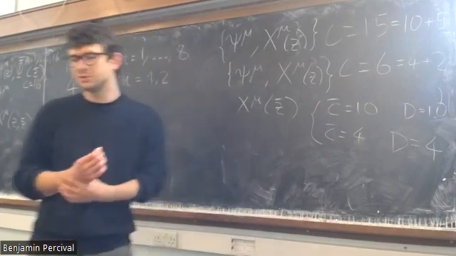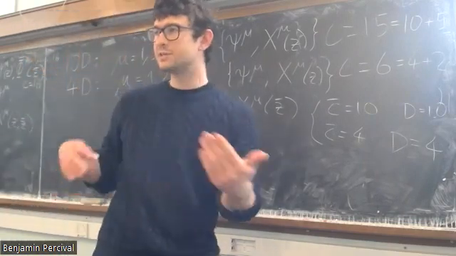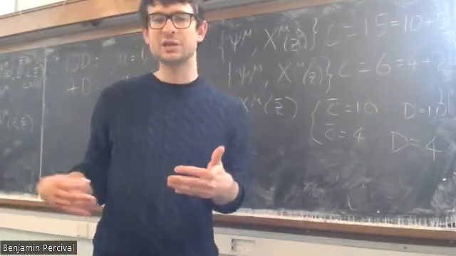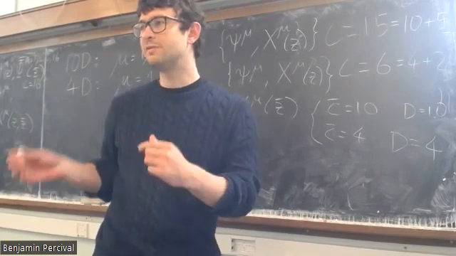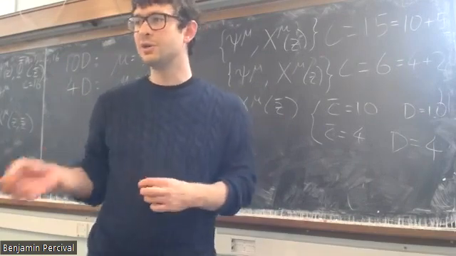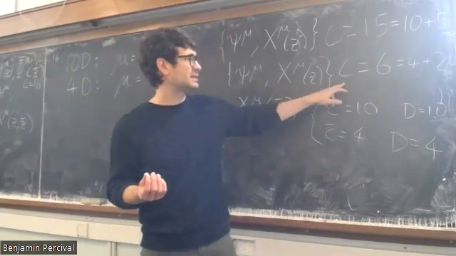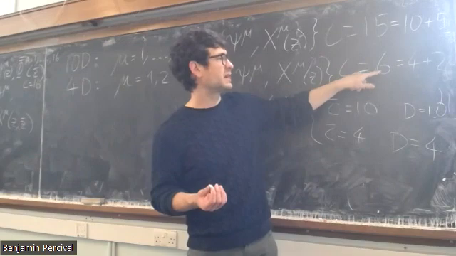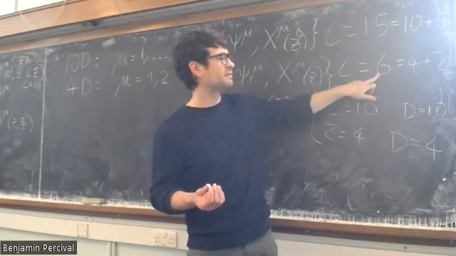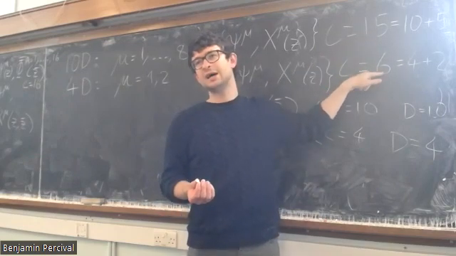So we have to introduce extra fields that cancel that conformal anomaly. If we choose fermions, and the fermions contribute a half: if we want to add c equals 9, since we've gone down from 15 to 6, we need to add 9.